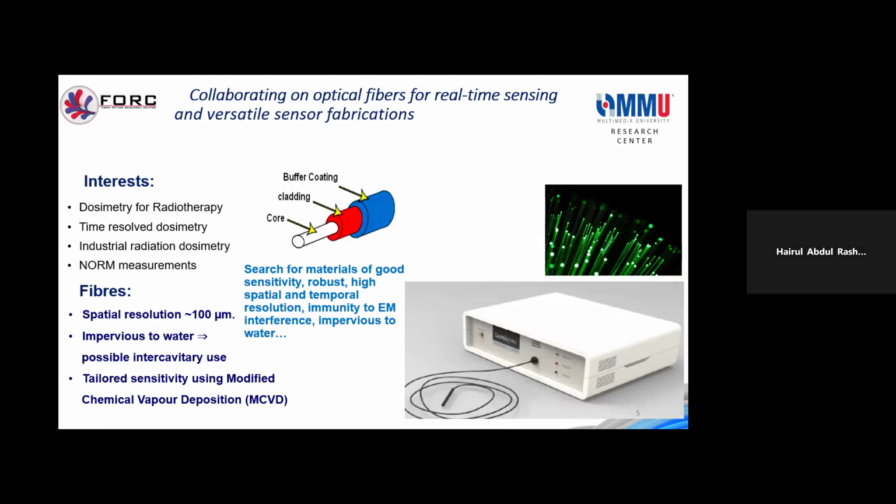And we started looking at optical fibers for real-time sensing, and in this case, focusing on radioluminescence as the approach. Optical fibers are a good set of materials: high sensitivity, robust, very high spatial resolution and temporal resolution. It's immune to electromagnetic interference. It's impervious to water, making it suitable for in vivo dosimetry.